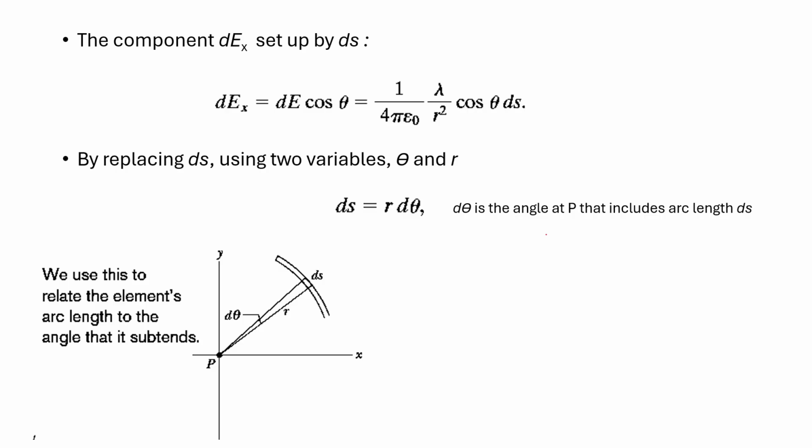The only change is in theta, going from theta 1 at point 1 to theta 2 at point 2. So ds equals r d theta.